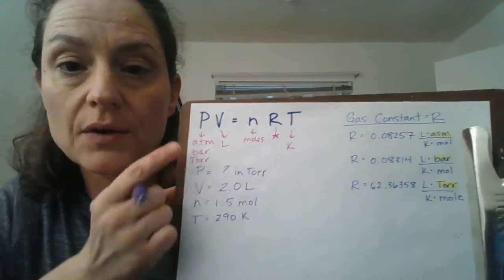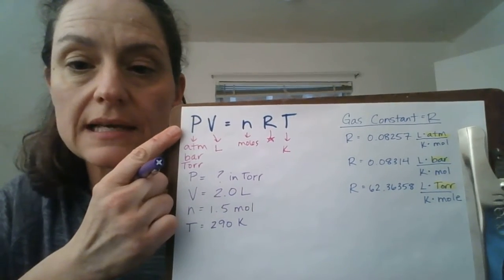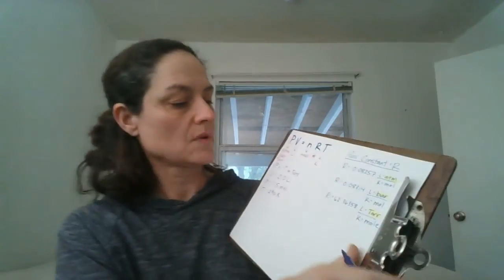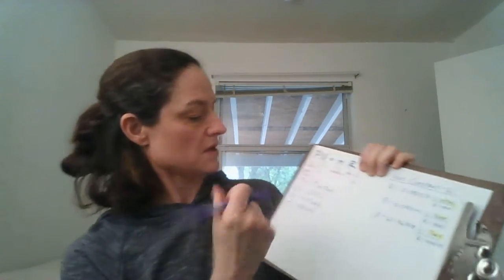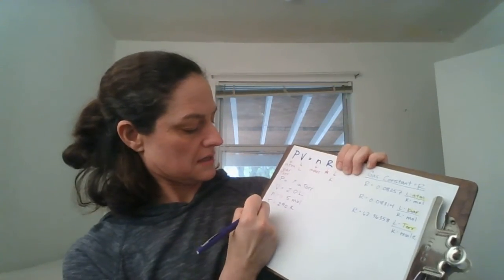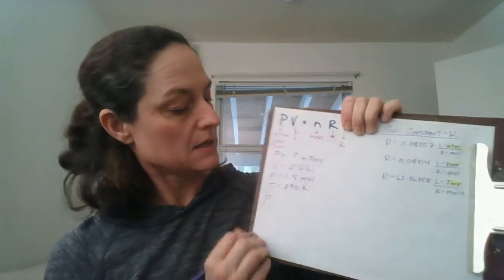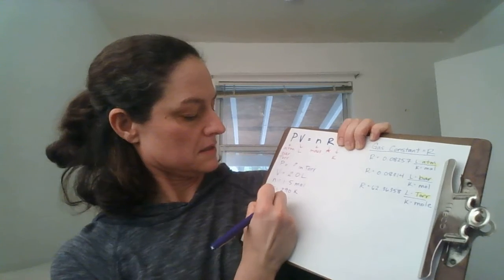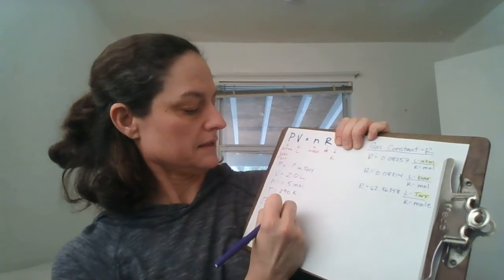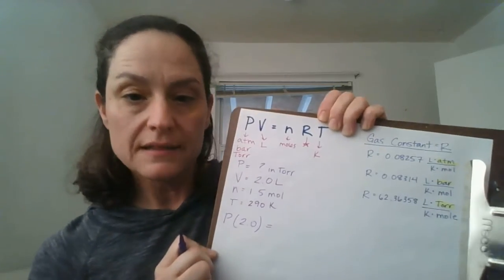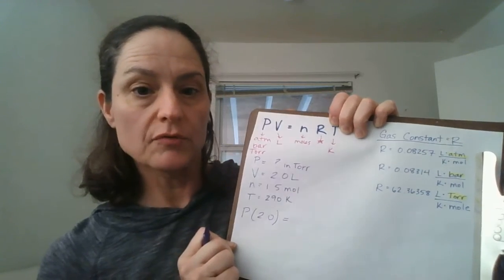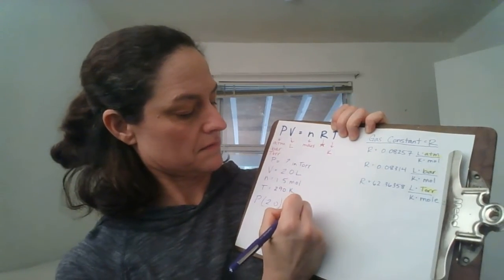I can figure that out using the ideal gas law equation. I'm going to fill in our numbers. The pressure is what I'm looking for, so I'm just going to use the P. My volume is the 2.0 liters. That equals N, my number of moles is 1.5.